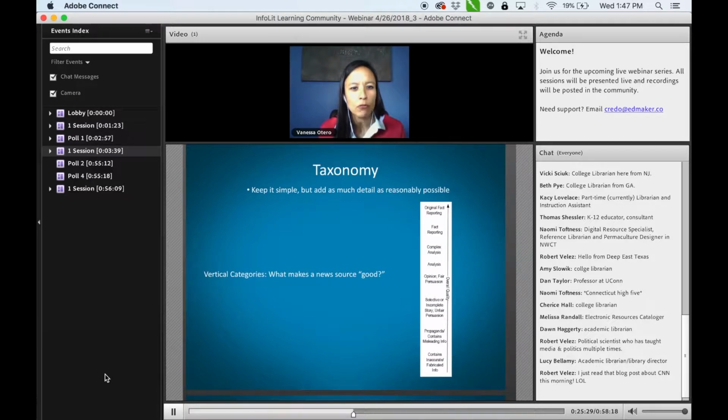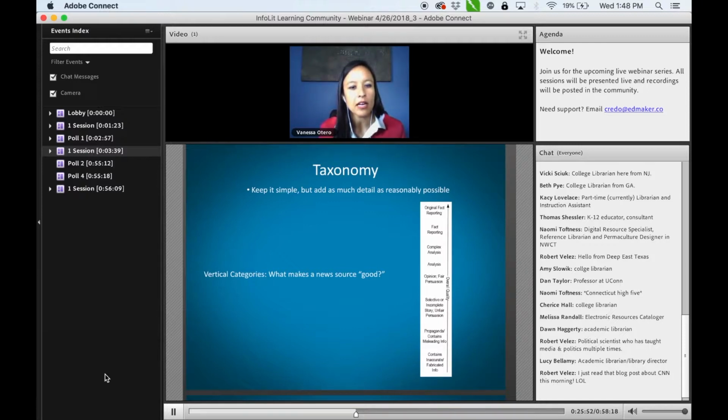So at the top I put original fact reporting, which I'm categorizing as journalism, beat reporting, getting new facts, finding them out firsthand from primary sources. And then below that, fact reporting, so either the re-reporting of the original fact reporting or the confirmation of it, or the summary of it.